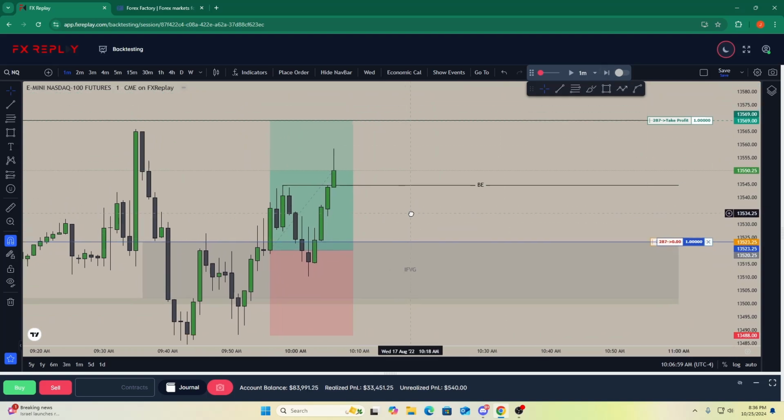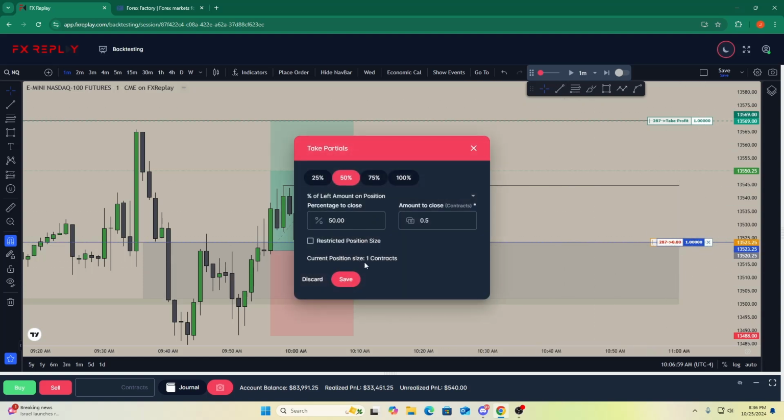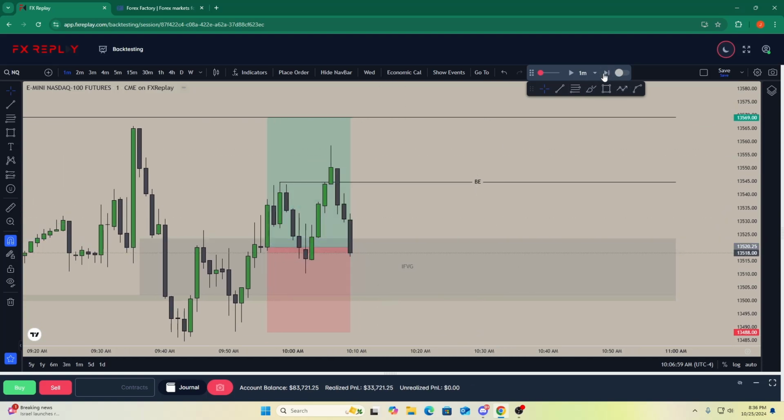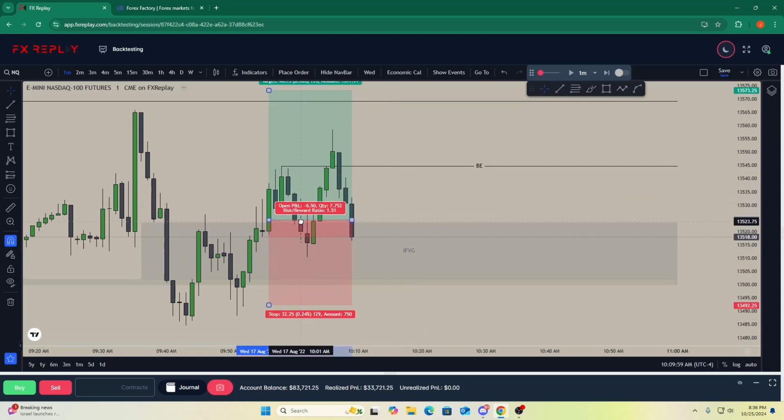So we'll get to break even here, and I'll go ahead and partial off here. Take off a contract and hold the rest. So TP1 break even, we would guarantee that. I believe that was like $250 there or so.